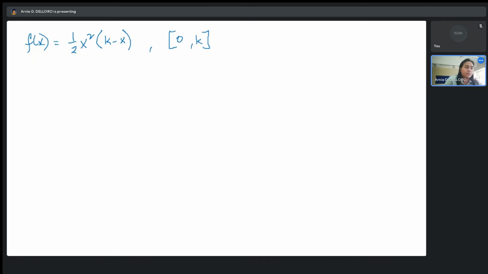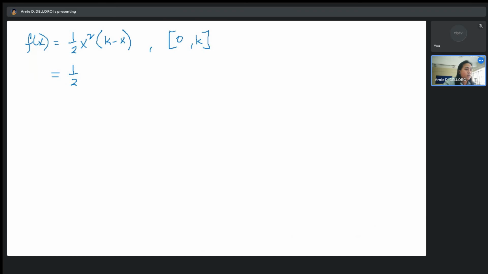Sige, let's compute first. The first thing that we have to do again in determining the critical value is to get the first derivative. Pero bago natin kunin yung first derivative, let us first simplify the given function. Okay, so we have 1/2 x squared.